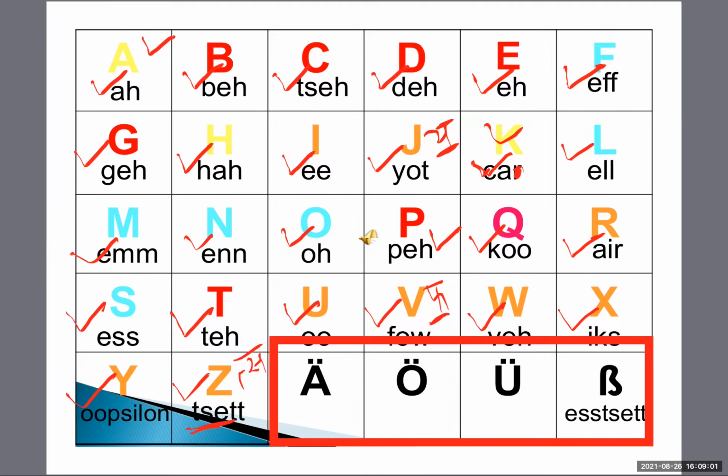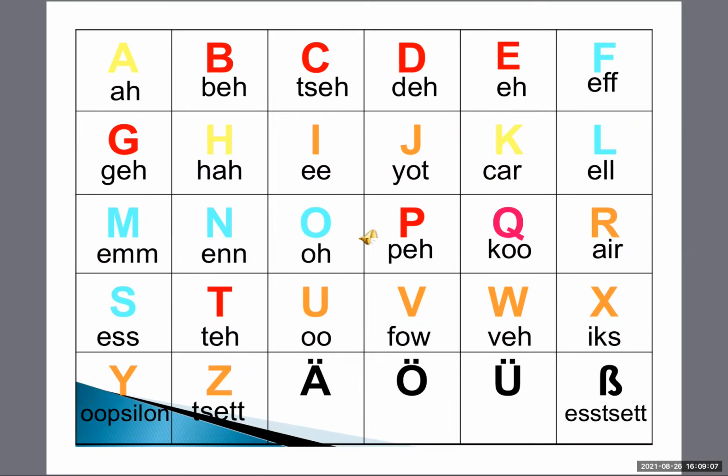Some give a different sound, some give it as in English. We are repeating this one. A means A. B means bay. C means say.